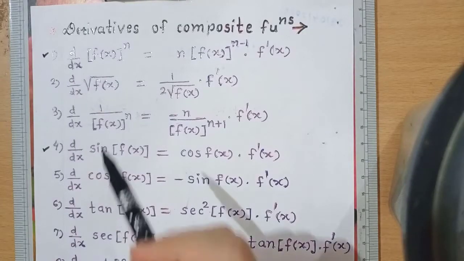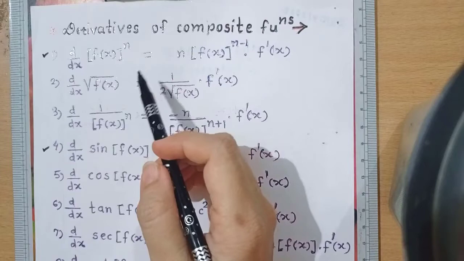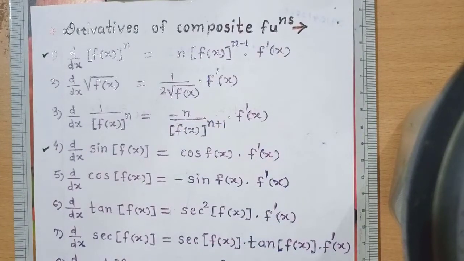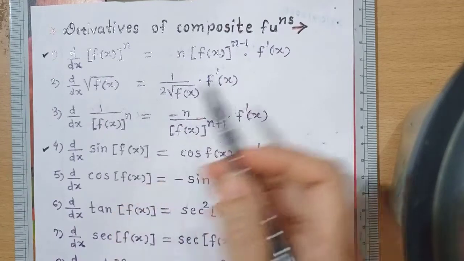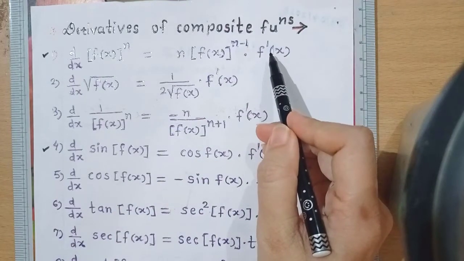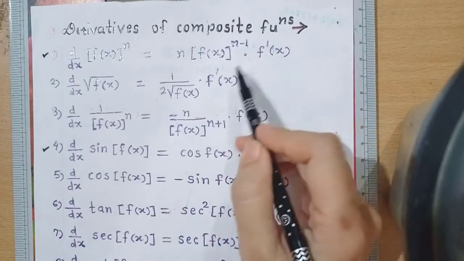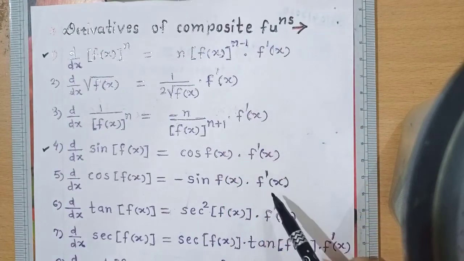To find the derivative of a composite function, we will use these formulae. These formulae are the same as the standard formulae, but here we have to attach an extra term, which is f dash x. Check here, every time we have written f dash x.